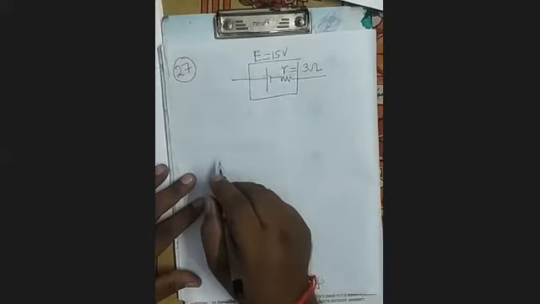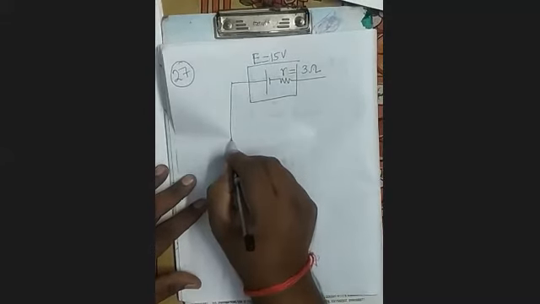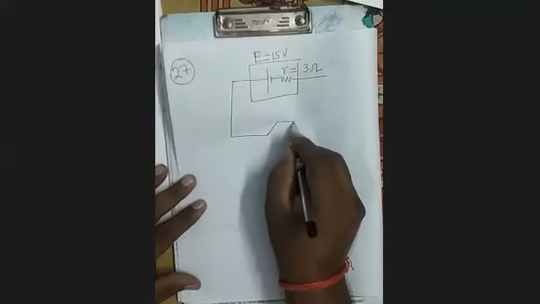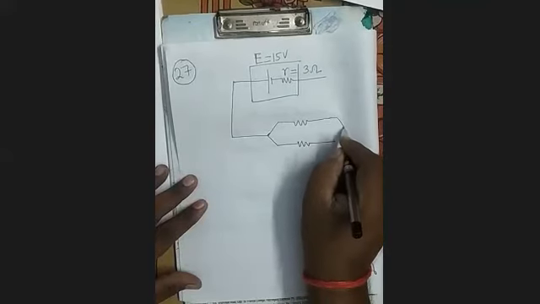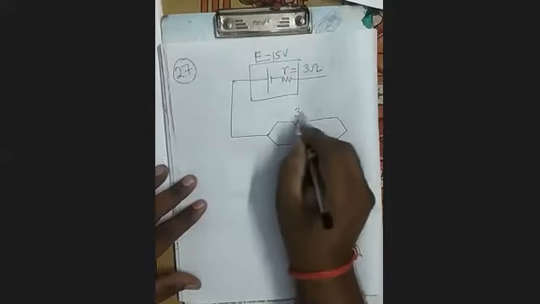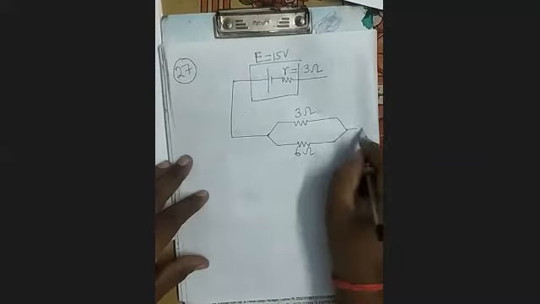It's connected to 2 resistors, 3 and 6, connected in parallel. One is 3 and another is 6. 3 ohm and 6 ohm connected in parallel.